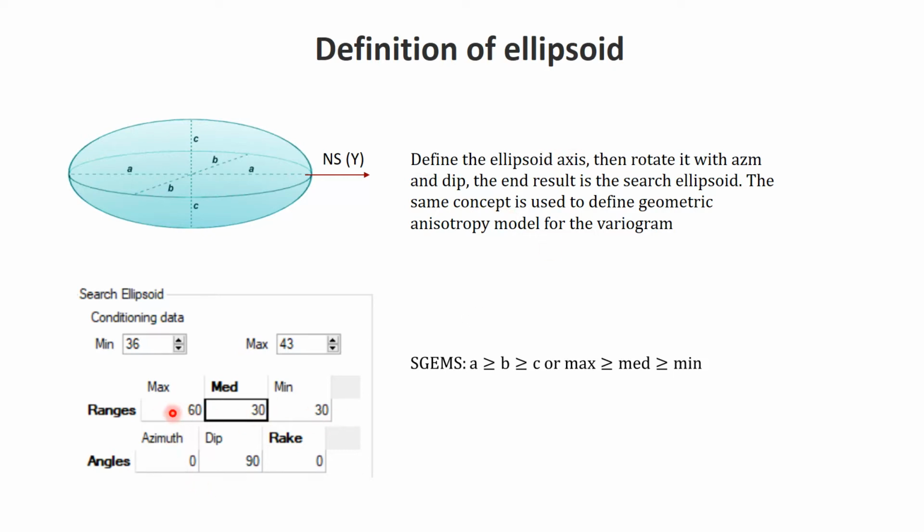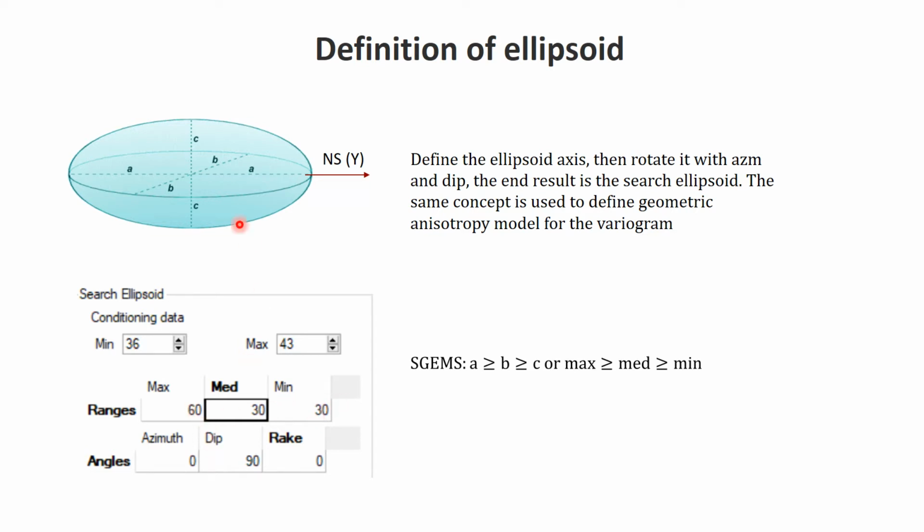If you're in 2D, you only need to worry about max and medium, and you can ignore min, and in that case just set min equal to medium. If you are in 3D, then you have 3 axes. So here, for example, I would take max that. Because my continuity is larger in the vertical direction for this particular case, I'd like to search more data points in the vertical direction versus the horizontal direction.